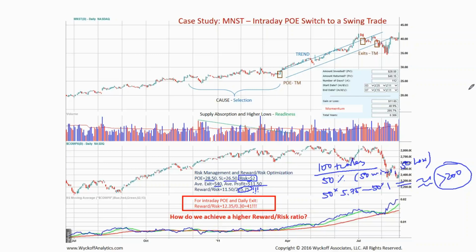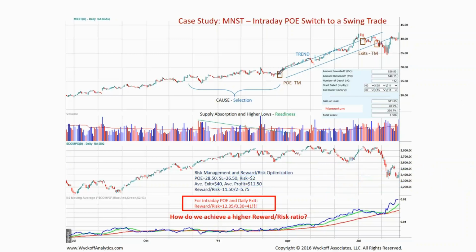Now, for the intraday entry, on the same day, if we would consider intraday entry and we would consider increasing the size on the intraday entry and keeping this by the end of the day, our reward to risk ratio would be 41. Now think about this, 41. So on each unit of risk that we are having, we are getting 41 units of profit.